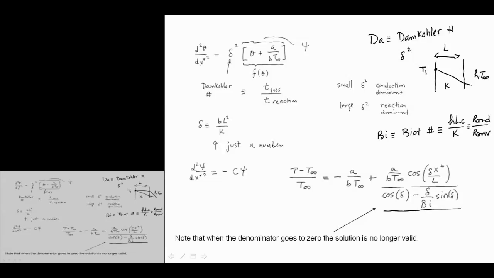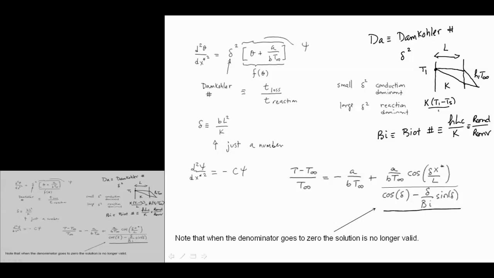And the important aspect of this is this surface temperature here. So we can think about it like this: k times T1 minus T surface over L is equal to h times T surface minus T infinity. Okay, that's just a balance there.